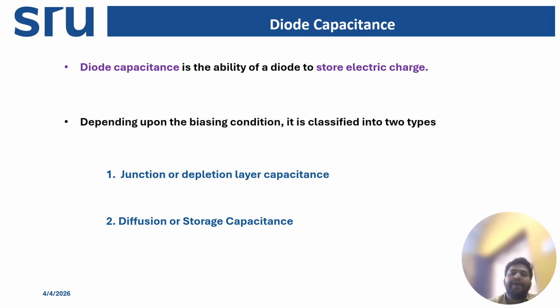Let us understand why this happens. The basic idea of capacitance: when two conducting regions are separated by insulating material, that makes a capacitor. Charge can be stored on both sides of the conducting metal plates. A capacitor stores energy in the form of an electric field. Now let us connect the idea to the PN junction diode.